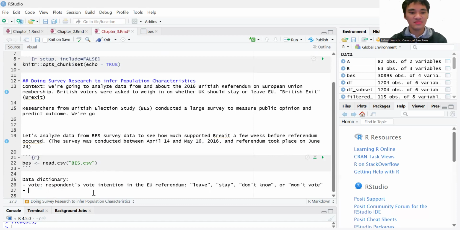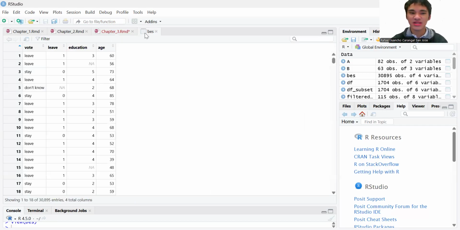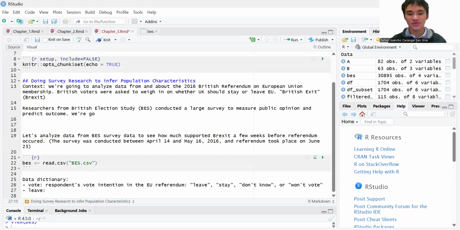Right. So that's the vote variable. Next, we look at the leave variable, which I personally think is kind of the same as vote. What this variable entails is it identifies leave voters.